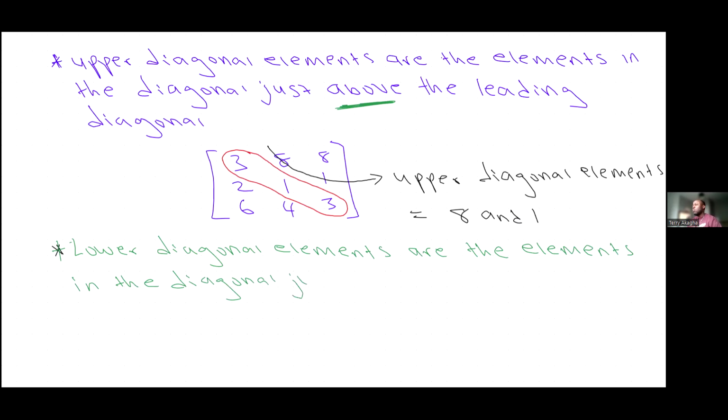Just below the leading or the main diagonal.